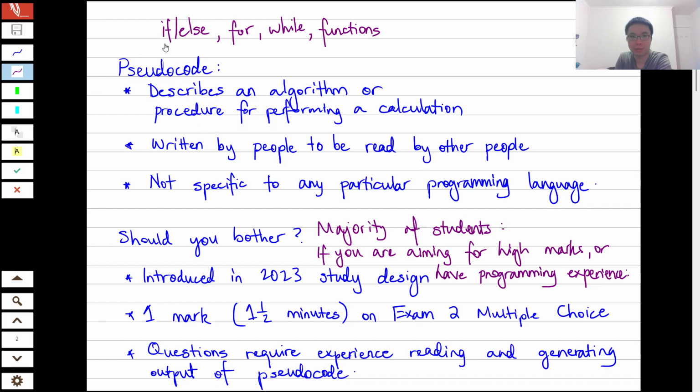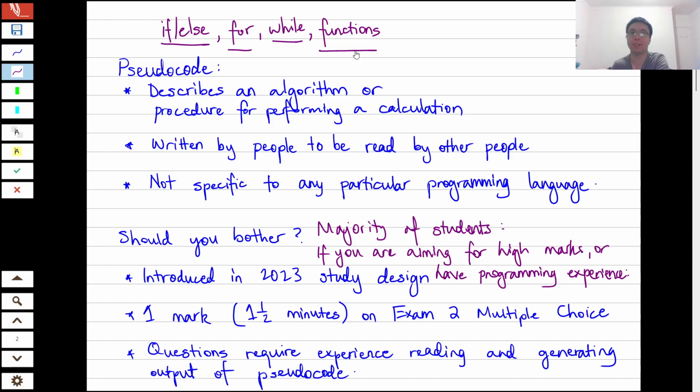So for example, you might have heard of the keyword if-else for branching or conditional statements. You'll have heard of for and while loops for iteration. And you might have heard of the concept of a function, not in the mathematical sense, but in a programming sense. A function is a program that takes inputs and may produce outputs for you.